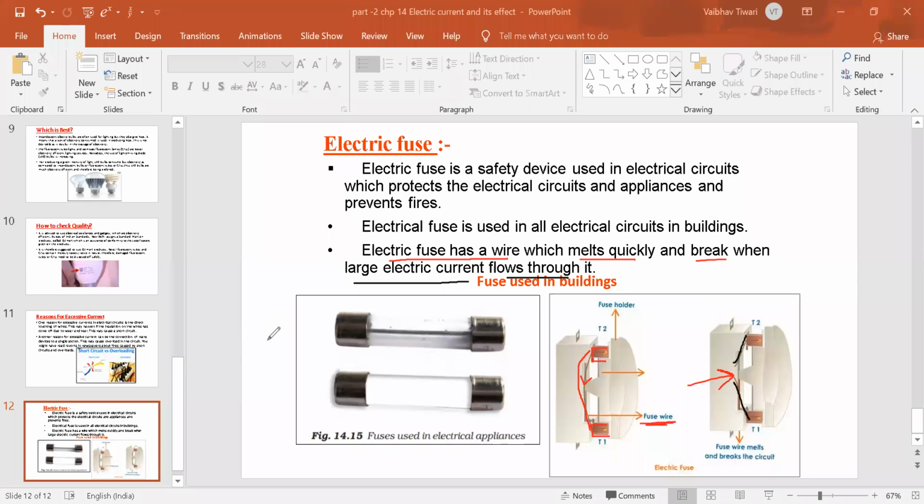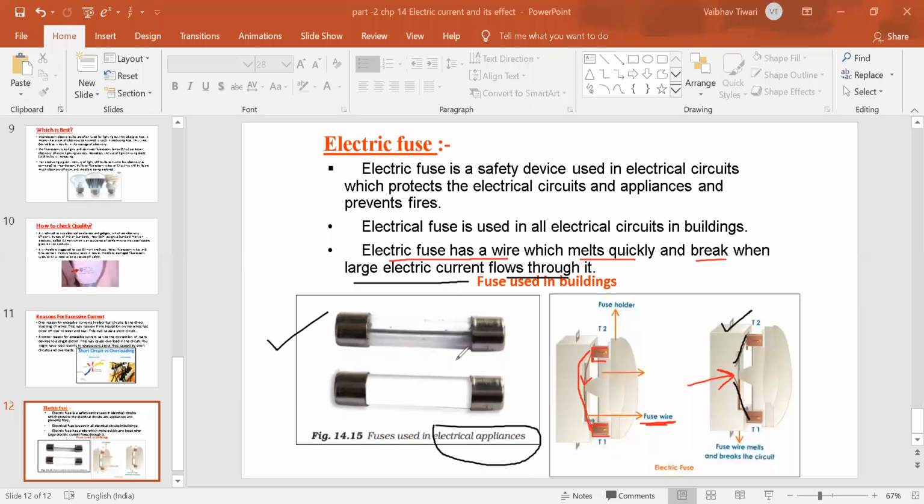This is also an electric fuse, and this is generally used in electrical appliances. Apart from this, an electric fuse is used in buildings, at the entry of the circuit, in the beginning of the circuit, but this kind is also used in all the appliances.